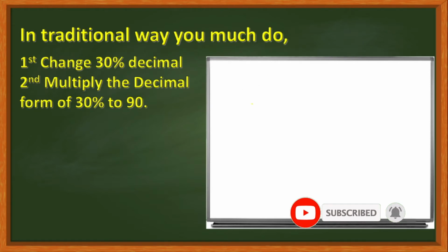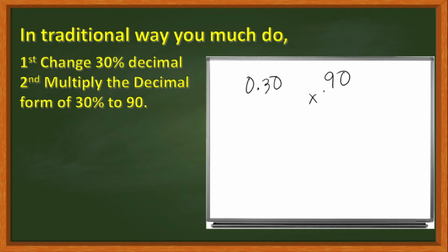The decimal representation of 30% is 0.30, because you move 2 places to the left, and then multiply the decimal form by 90.